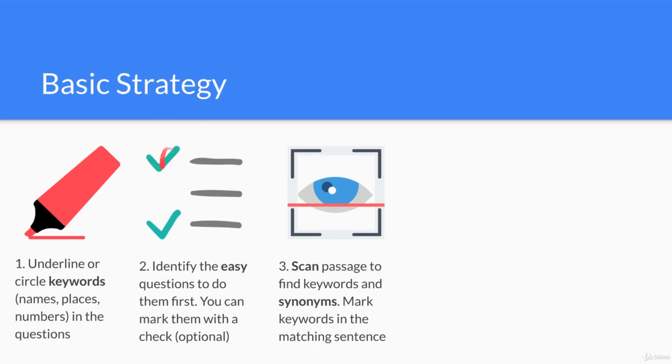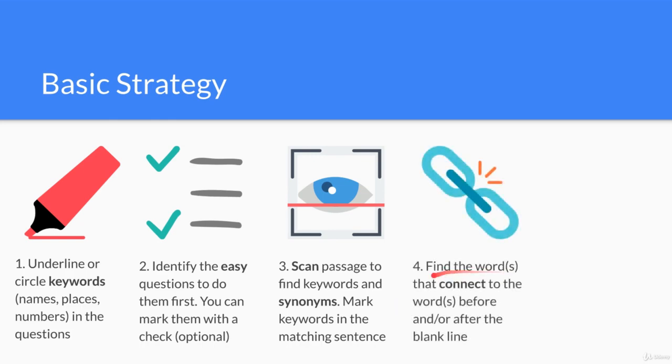Okay, so first we're going to be scanning our reading passage to find the keywords and the synonyms for the easy questions. And then once we have found those keywords in the reading passage, then we're going to underline those keywords or circle those keywords. Basically, you should mark those keywords in some way so that you know where you found that keyword in the reading passage.